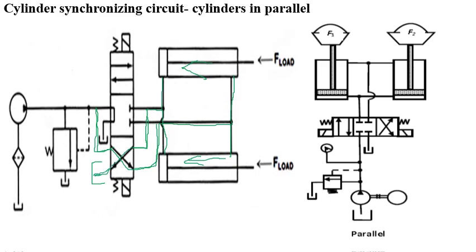So cylinder 1 and cylinder 2 both are retracted in this way. Okay, this is the working principle of two cylinders connected in parallel.